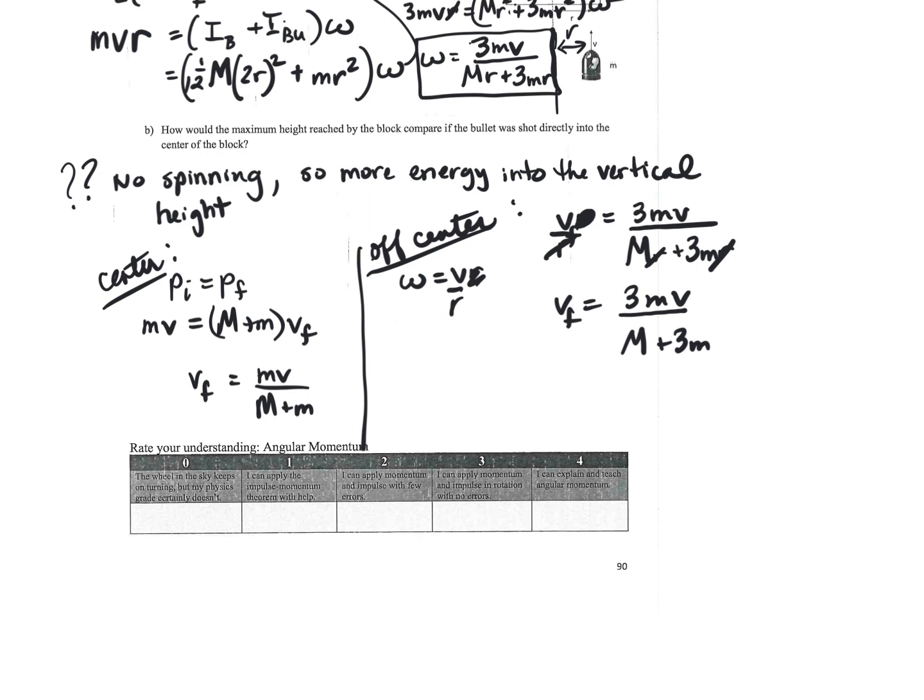Is there going to be any difference? Off center will be slightly larger.